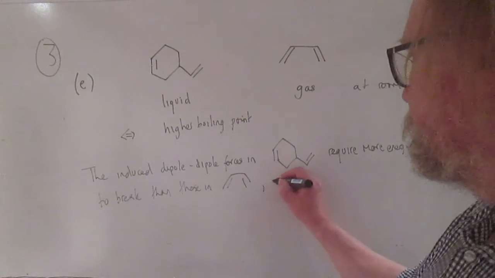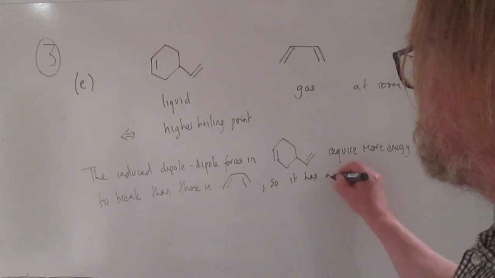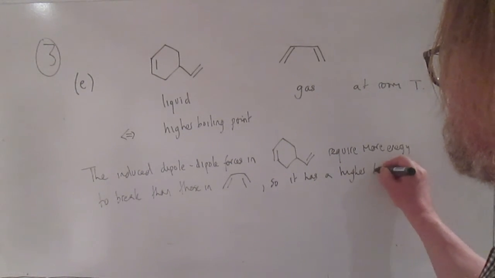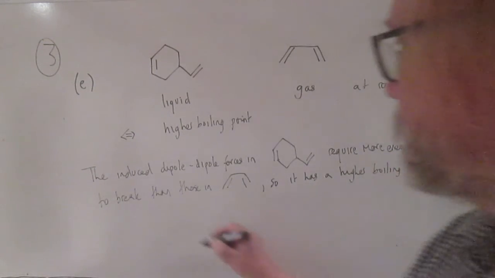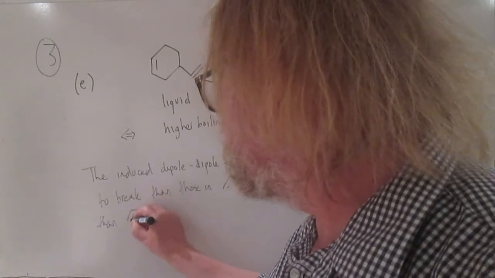So it has a higher melting point and boiling point. A boiling point is the relevant one here. So it has a higher boiling point than buta-1,3-diene.